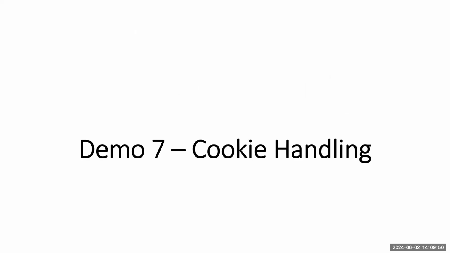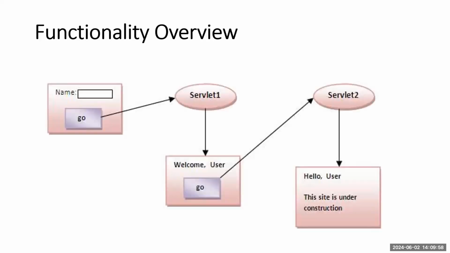Right. So now let's do a practical example for cookie handling. So this is what we are going to do. We have again a similar page. When you submit, it goes to a servlet, something like alpha, and there we send a cookie in the response.